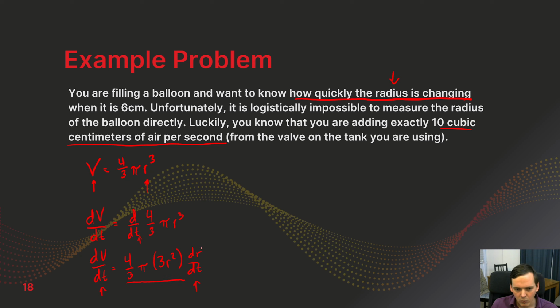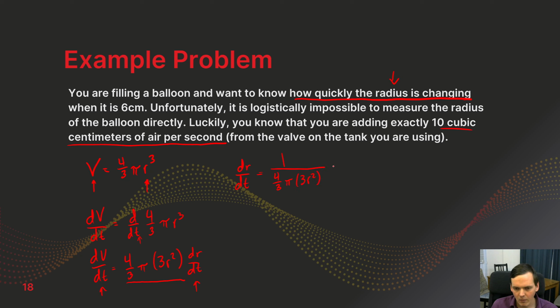Well, we want to solve for dr dt, so we'll solve for that by isolating it. I'm just going to be lazy and throw this mess into the denominator here. And now the question is, what can we plug in?